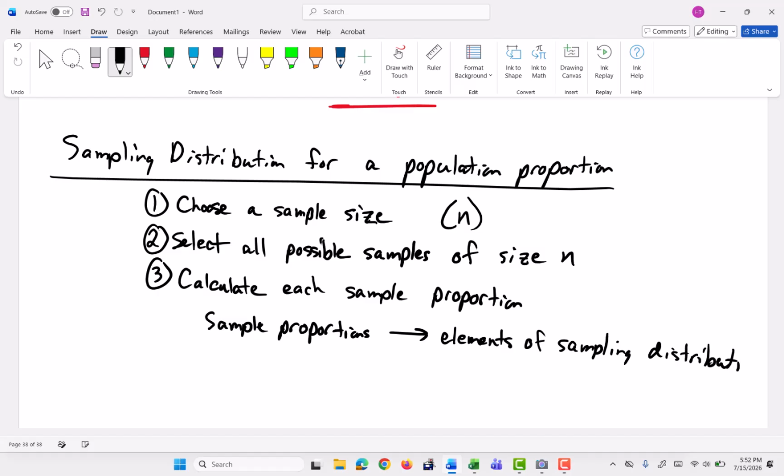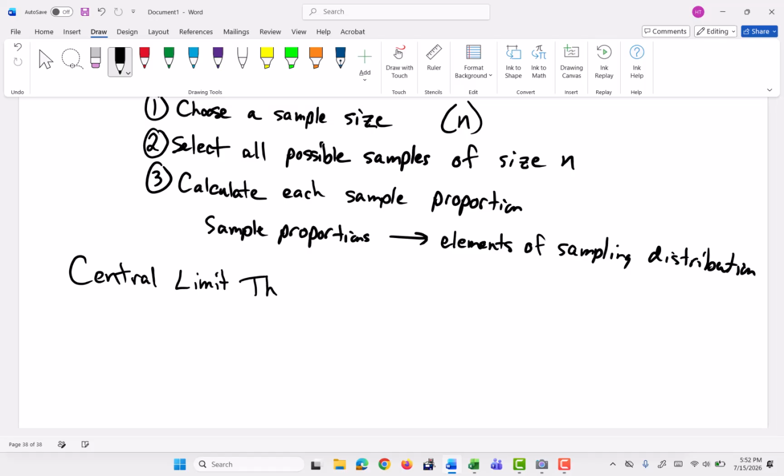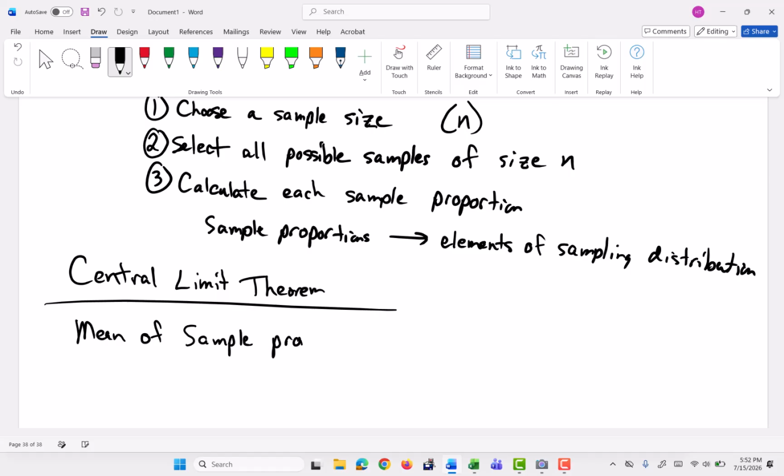And so there is a central limit theorem for proportions as well. And it says the mean of the sample proportions is just equal to the population proportion.